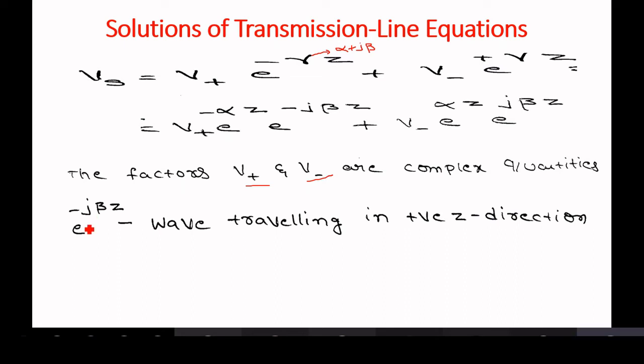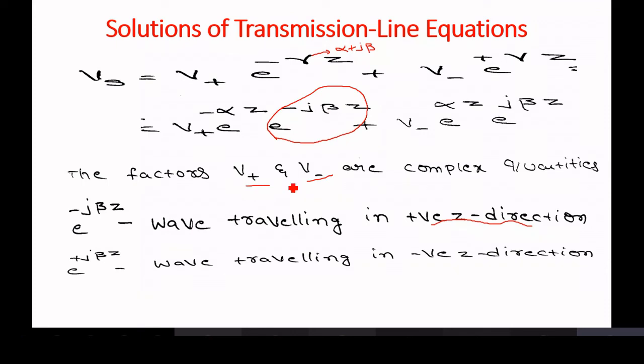As I have said, e power minus j beta z is a wave traveling in the positive z direction, or the forward traveling wave, whereas e power plus j beta z will be the wave traveling in the negative z direction, or the reflected wave.